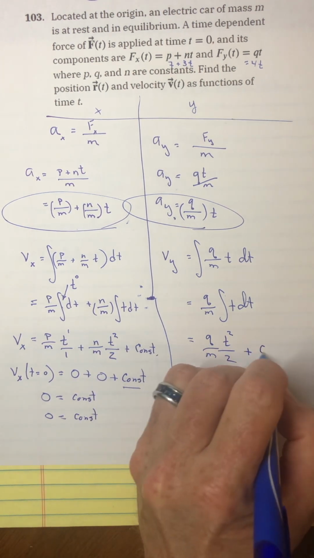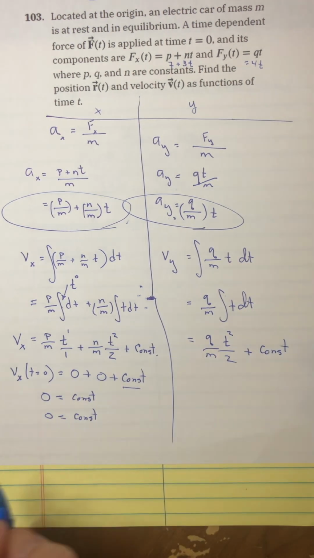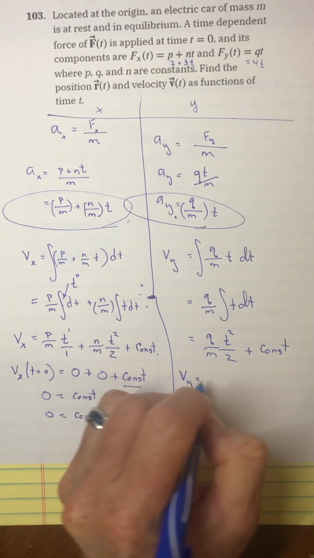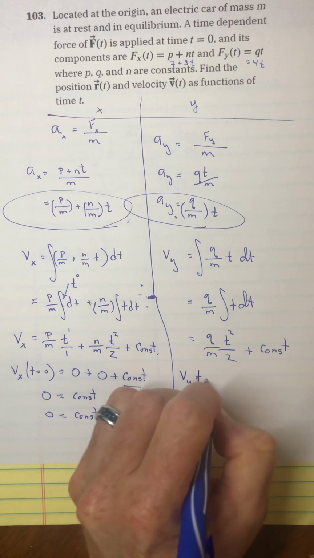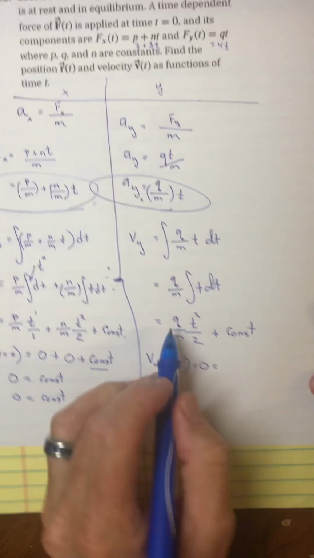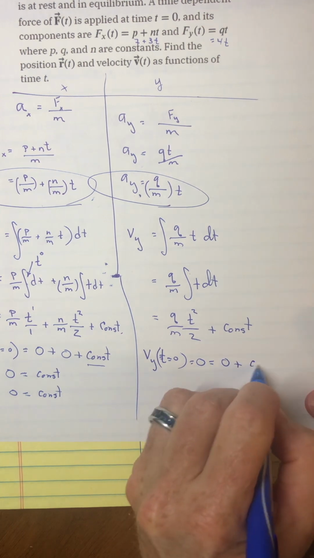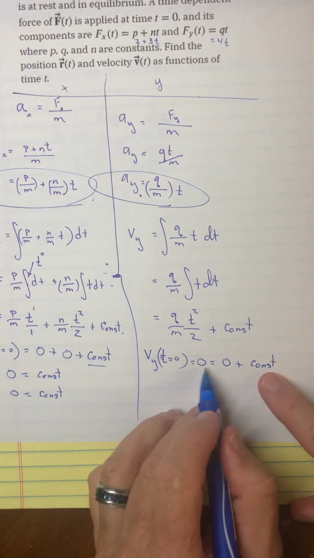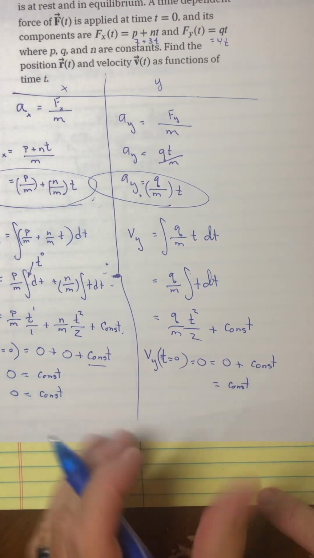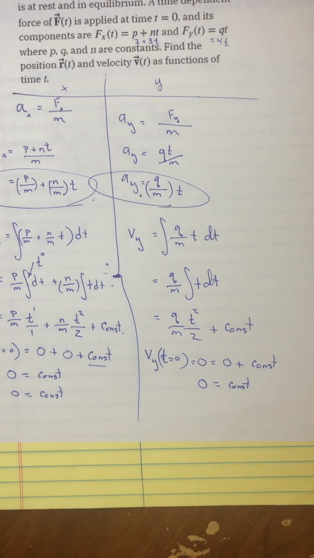And then let's not forget that there is a constant. But with that same logic, if this is the velocity in the y direction, at time 0 we're supposed to get a velocity of 0. And so this first term is 0 and then plus the constant. So that would tell us that the constant for this y integration is also 0.